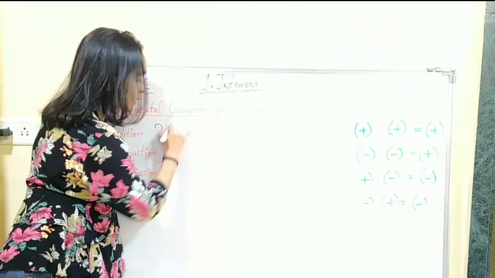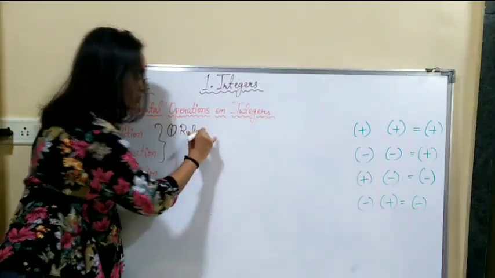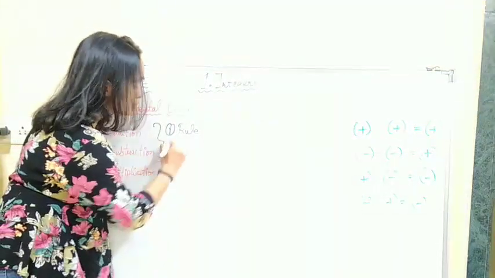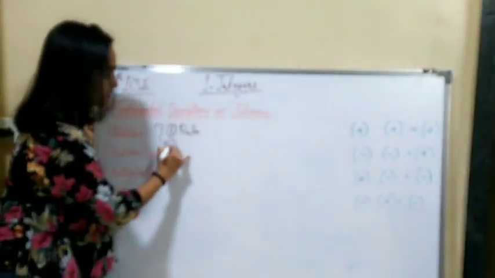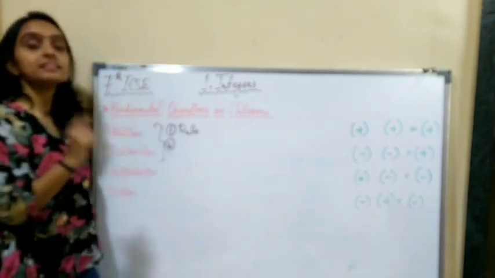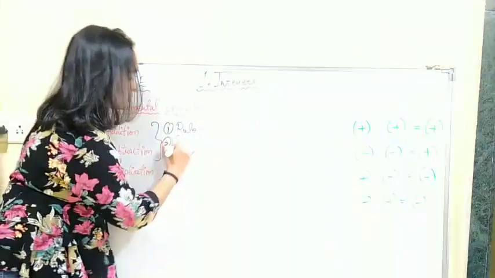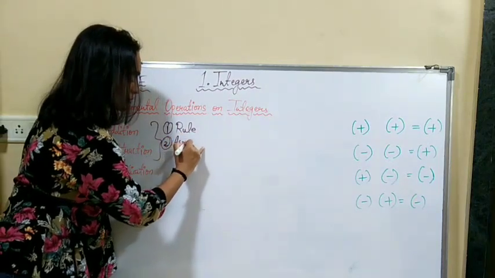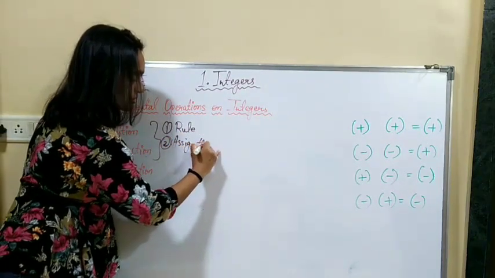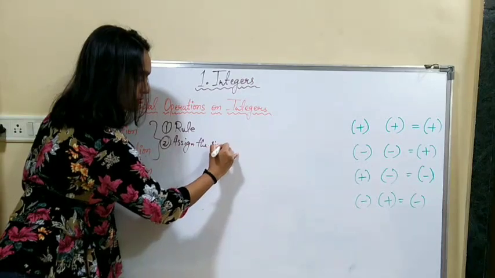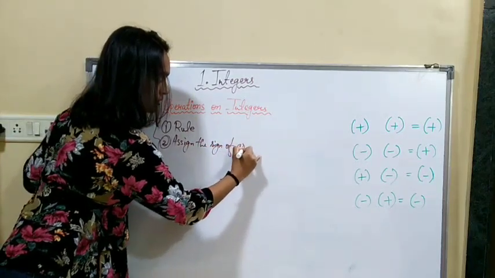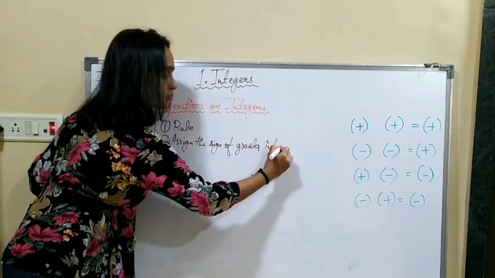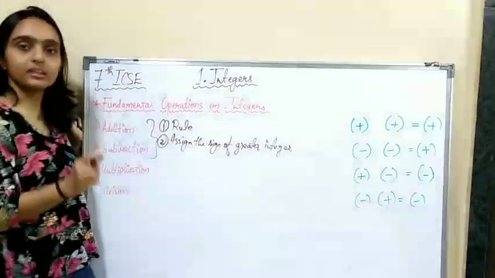That is, the first step is to use the rule, and then after solving the sum, we have to see the sign of the greater number. That is, the rule is to assign the sign of the greater number, or you can say greater integer, to the final answer.